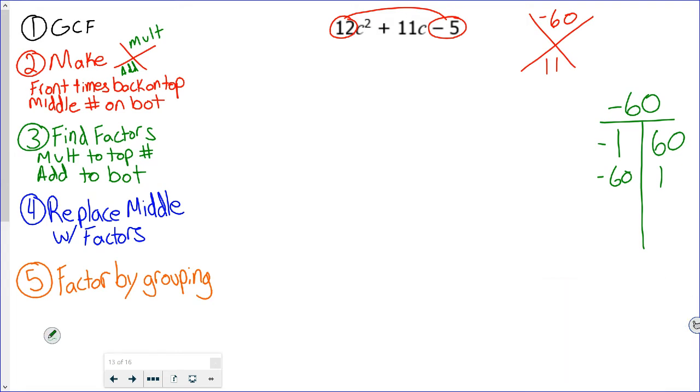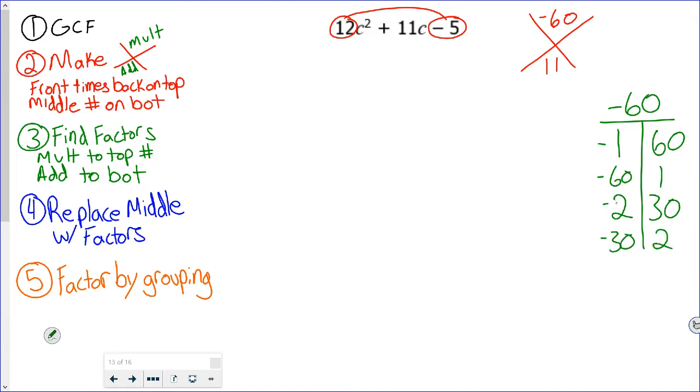So we could do those, but if we added either of those, we'd have -59 or +59, and that's not going to quite work. 2 times -30, -2 times 30, well, that's 28, not quite. -30 times 2, that's -28, not quite.